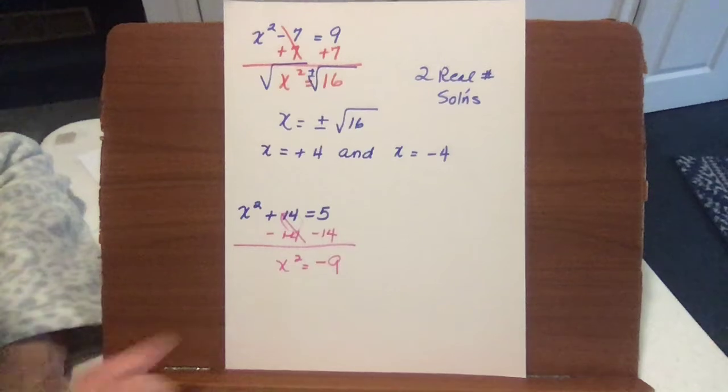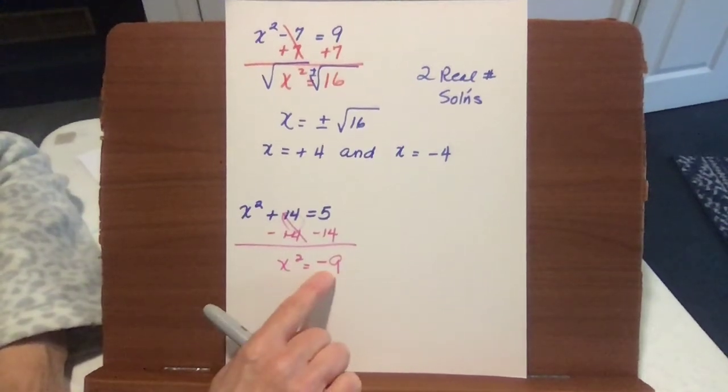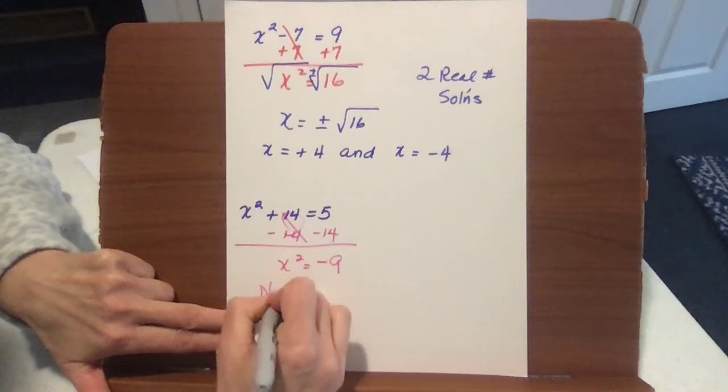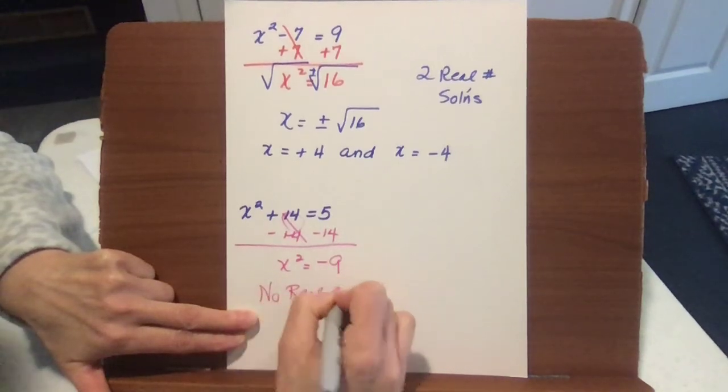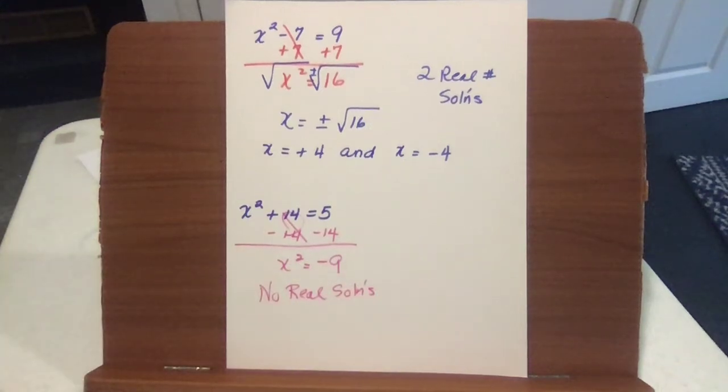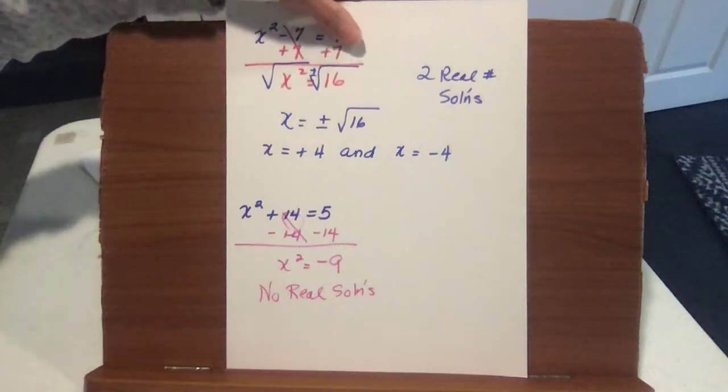If you use your smarts, you say, can I square a number and get a negative number? No. So no real solutions. These would be imaginary numbers. We know they exist, we don't know what they are right now. You'll learn in Algebra 2, but we know there is an imaginary number component versus the real numbers that we work in here. And that would be your final answer.